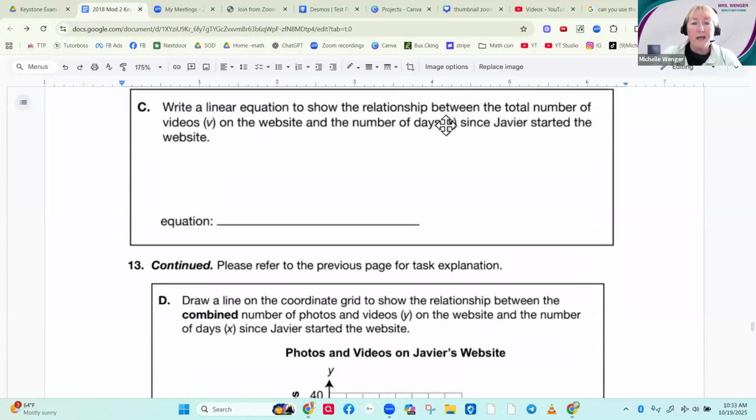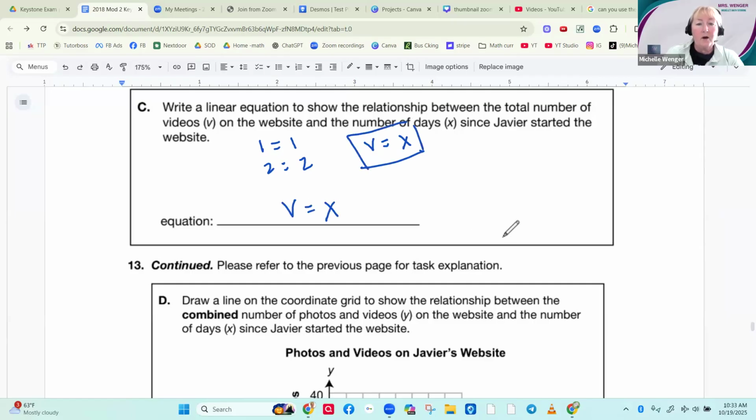They tell you V is videos and days is X. So because they are the same, we know 1 equals 1, 2 equals 2. That means the number of videos equals the number of days. There's your equation. That's all there is to it. So that would be your answer: V equals X.